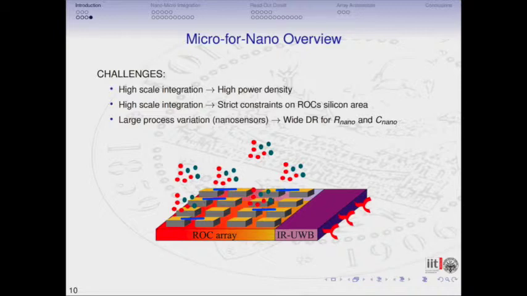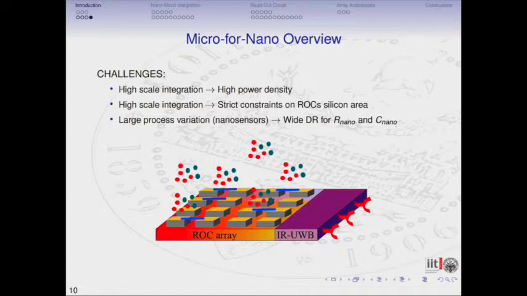But also, your microelectronics design has to occupy a low area on silicon. In this way, you can increase the integration factor of your nanosensor in the same chip.